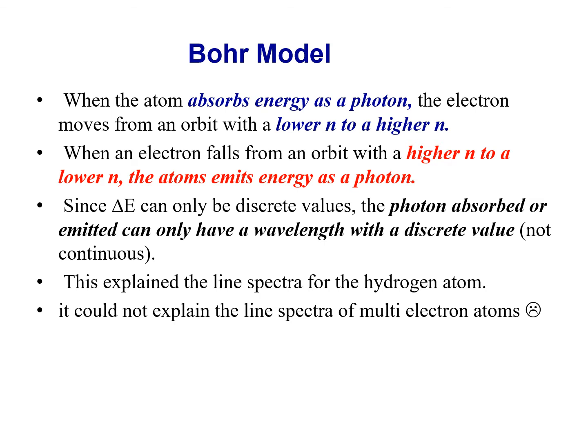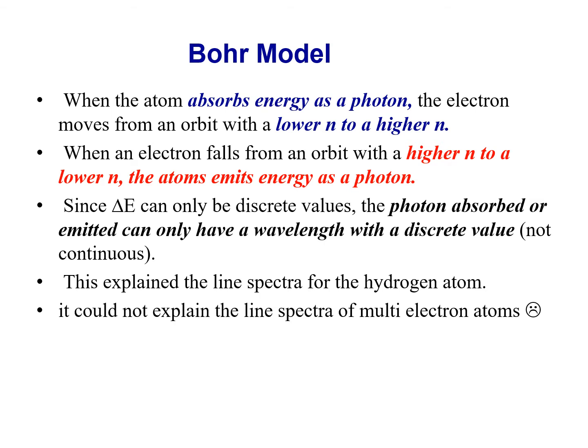Since delta E, our energy, can only have discrete values, as we just described in the equation relating energy to integers, the photon absorbed or emitted can only have a wavelength with a discrete value. This is something you might have to think about a little bit and go back and look at the Rydberg equation, which was confirmed by Bohr.